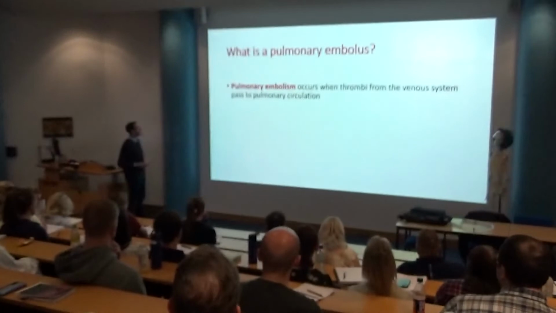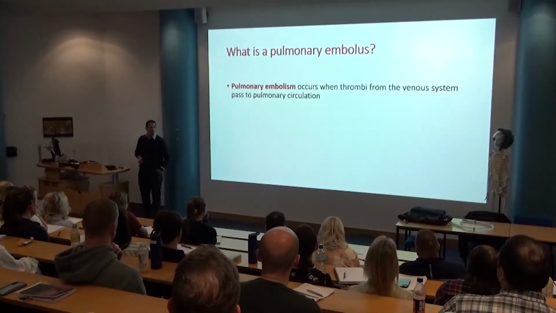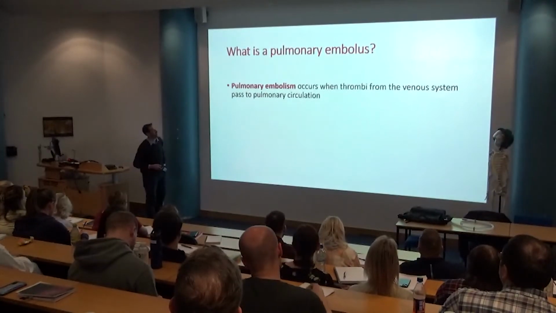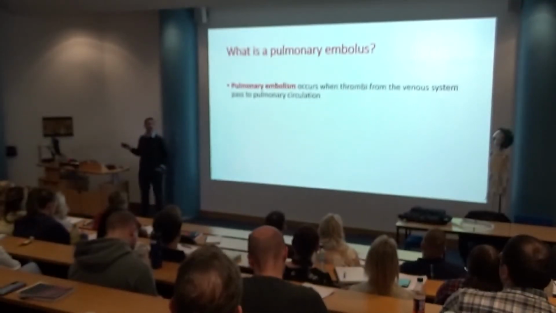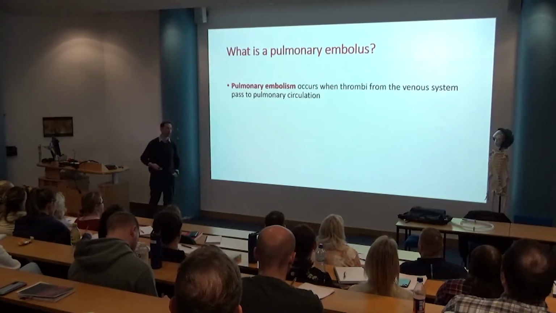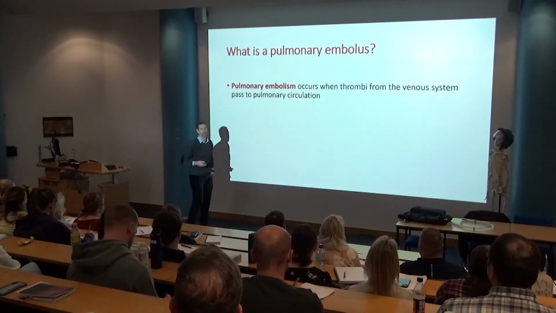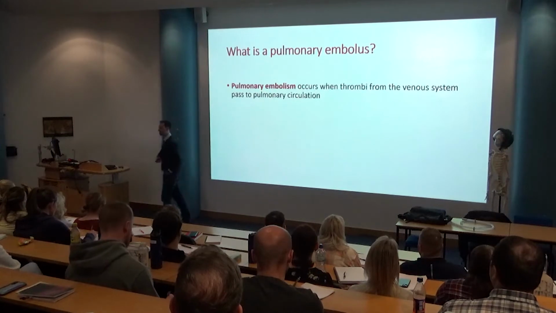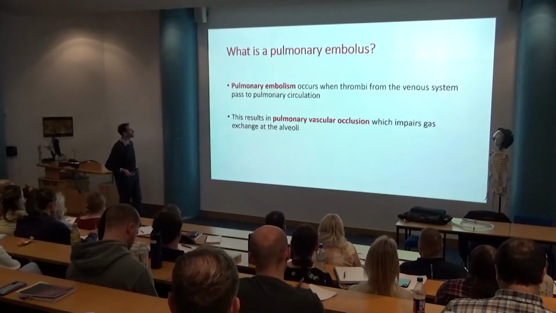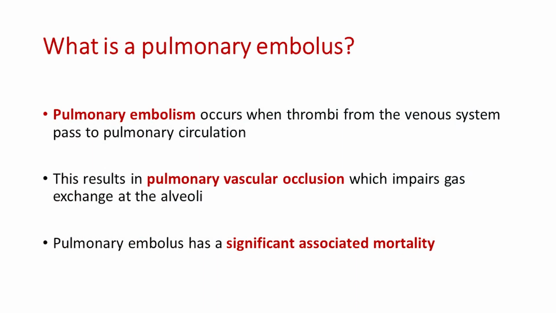So what is it? A pulmonary embolism occurs when thrombi from the venous system dislodge and go into your pulmonary circulation. Happy so far? Excellent. This results in pulmonary vascular occlusion, which impairs gas exchange at the alveoli.